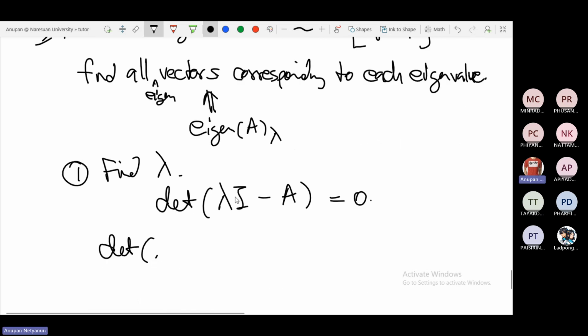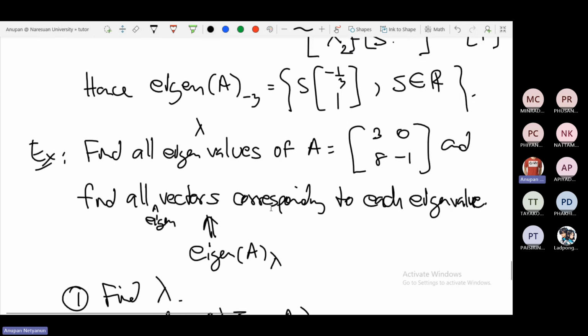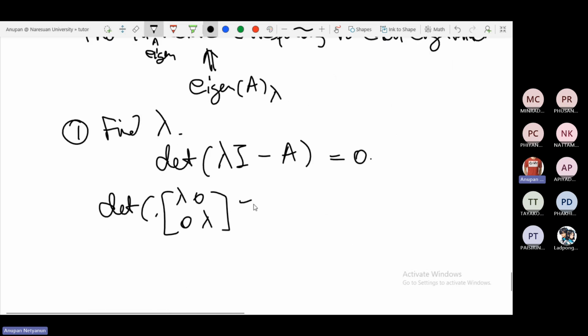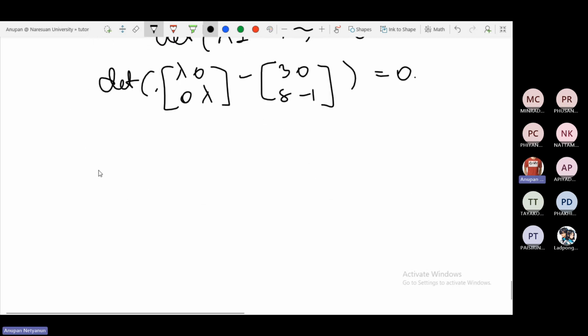So lambda times I2 is [lambda 0; 0 lambda] minus A, [3 0; 8 -1]. Then you have lambda minus 3, 0, minus 8, lambda plus 1.